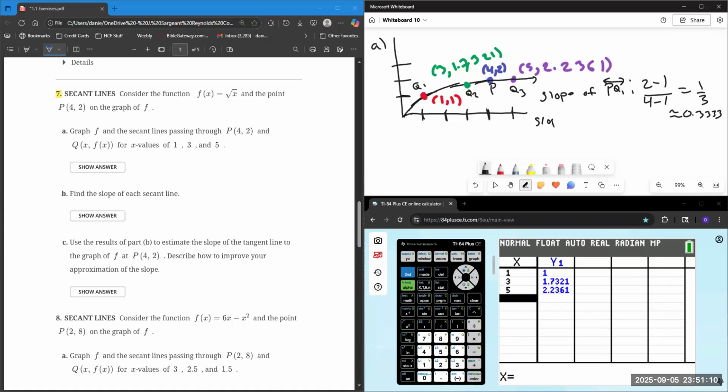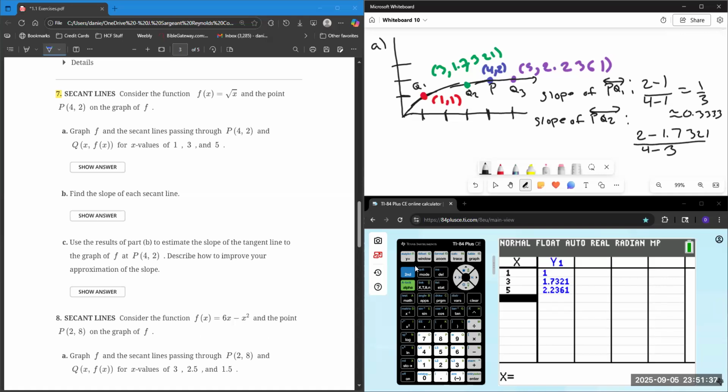Slope of the line through P and Q2 is y2 minus y1 over x2 minus x1.